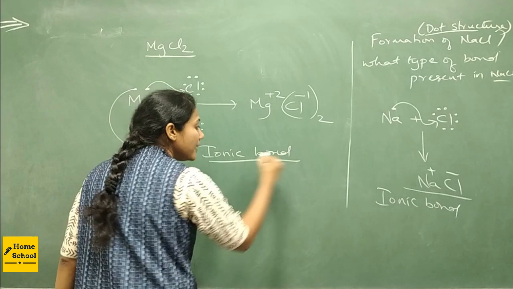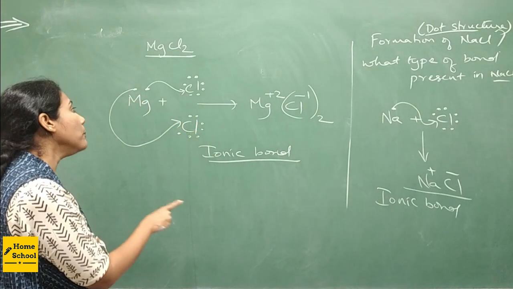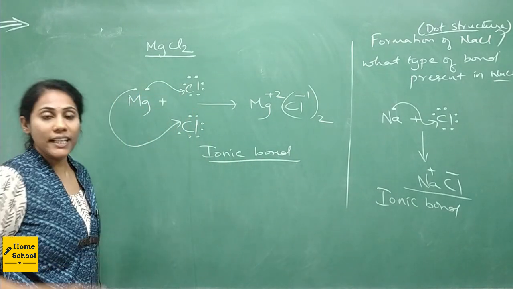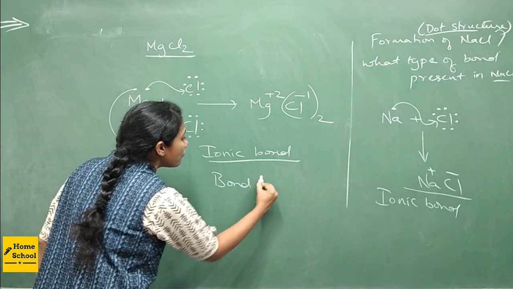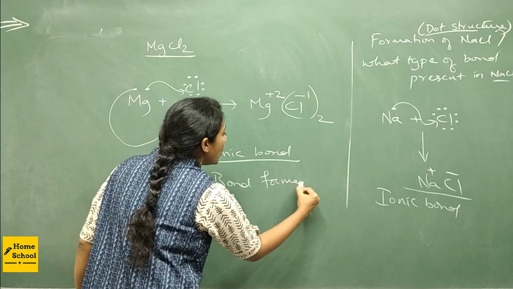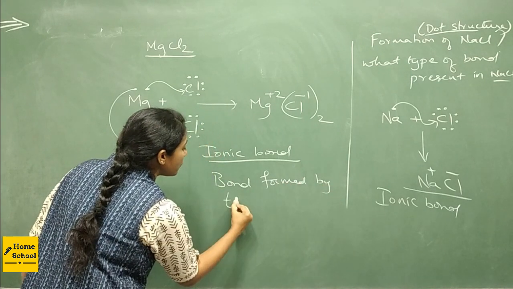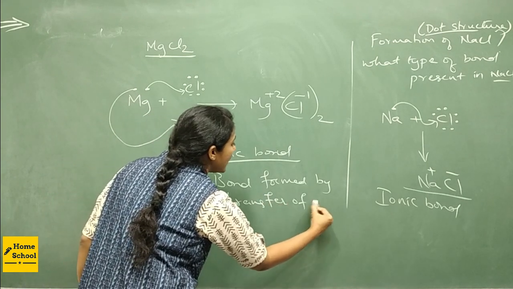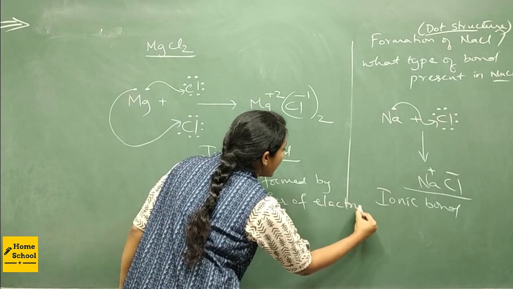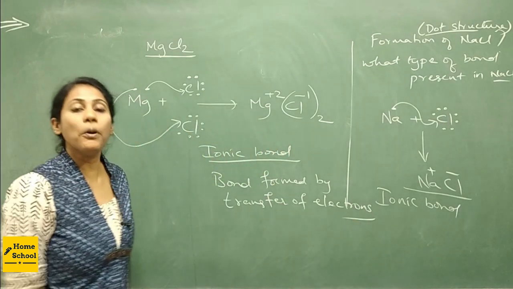So what is ionic bond? Bond formed by transfer of electrons. Transfer of electrons is called ionic bond.